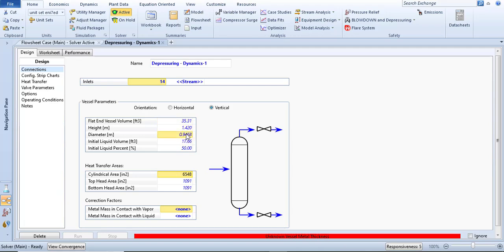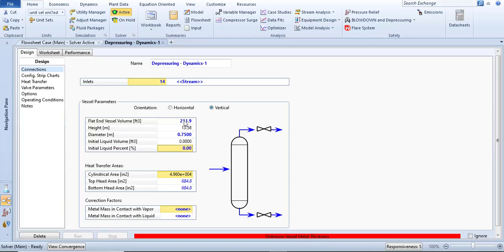I put 1.7 meter, and I think the volume was somewhere around 6 cubic meter, so I will put that there. Moving forward, I'm putting the initial liquid level as 0.